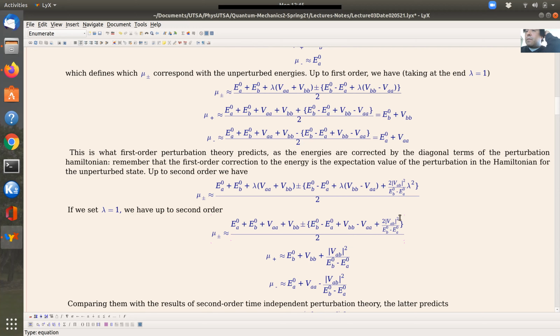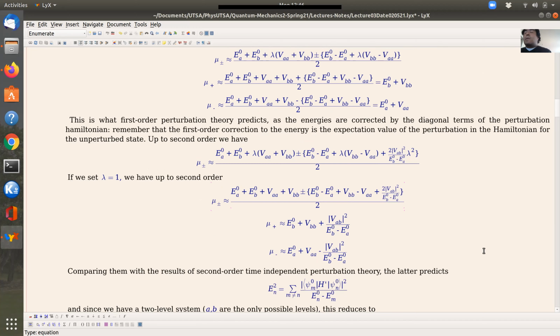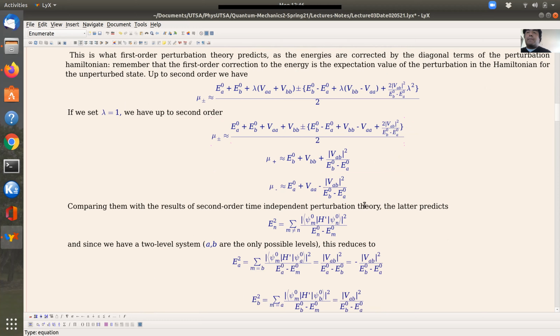So the factor of 2 goes after dividing by 2. And for the minus, you get the minus sign. So it would be these same things plus minus this other term. So we just have to understand what they mean, and then we will actually see that we are agreeing with the second order correction to the energies coming from perturbation theory.